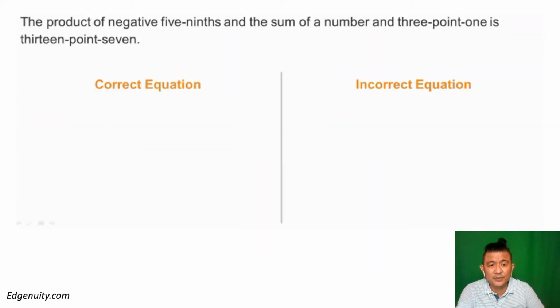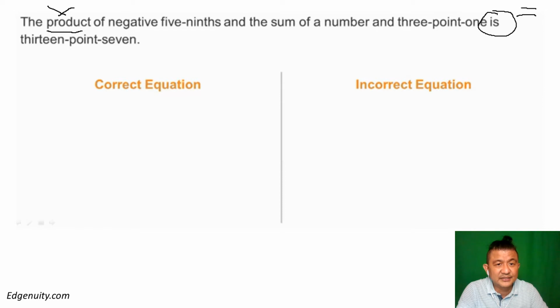All right, the next one would be, sometimes we write the correct or incorrect equation, but how would we know which is it? Okay, let's analyze first the words. Let's read the words. The product of negative 5 ninths and the sum of a number and 3.1 is 13.7. Okay, important words. Obviously, that's is, so there's an equal sign. The product means there's a multiplication, all right?